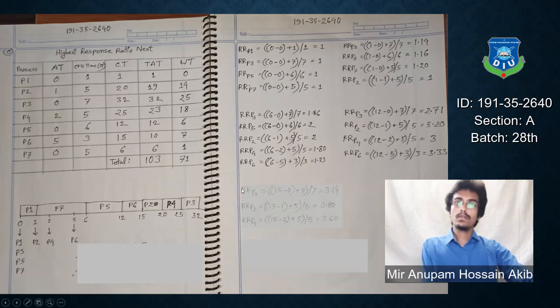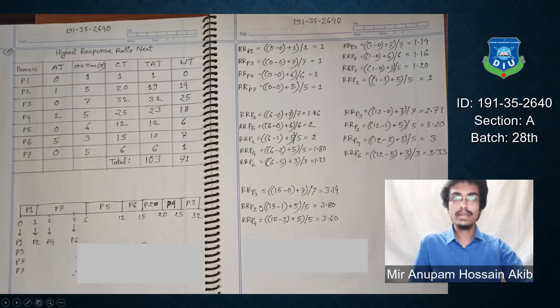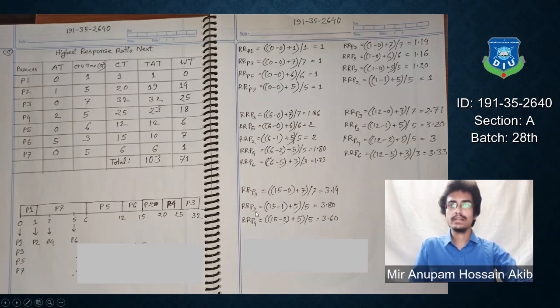Now there are only 3 processes, P3, P2 and P4. Among them, the response ratio is maximum for P2, at 3.80. So we execute P2 now, and P2 is executed.